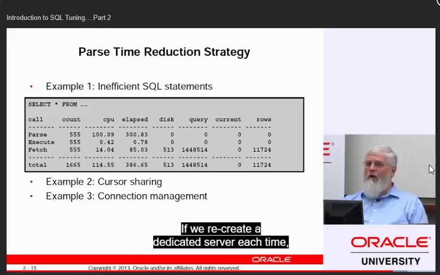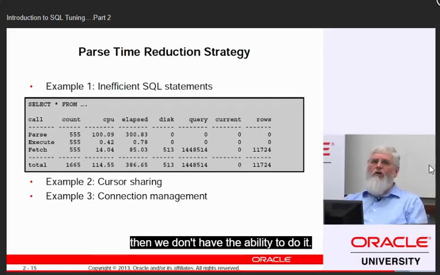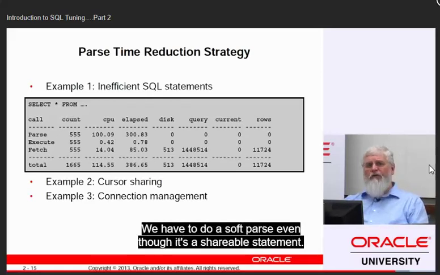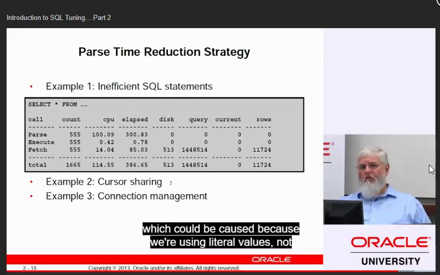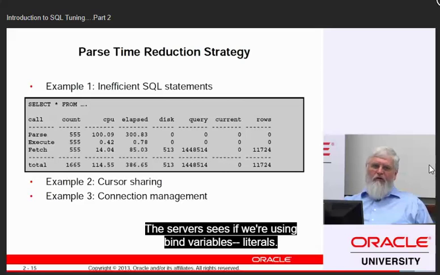Another problem could be that we're not sharing the cursors, which could be caused by using literal values, not bind variables, in an OLTP system. If we're using literals, the server sees every SQL statement potentially as a different statement, and we have to hard parse it each time.